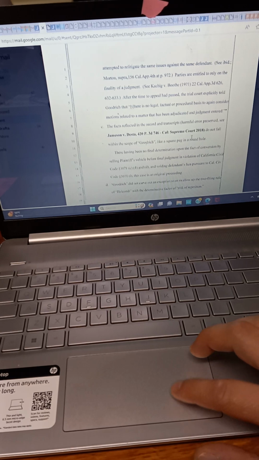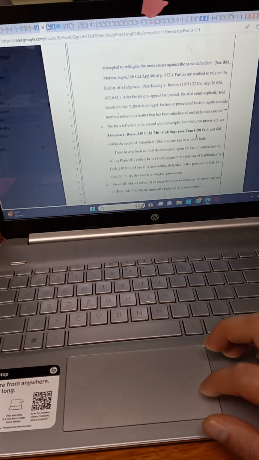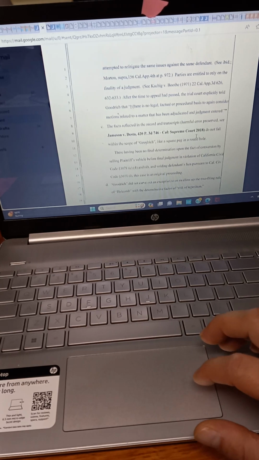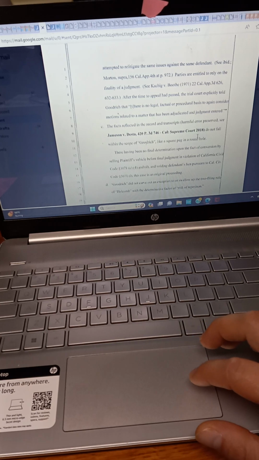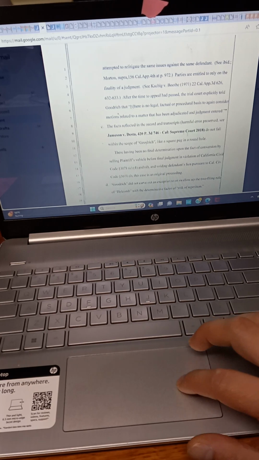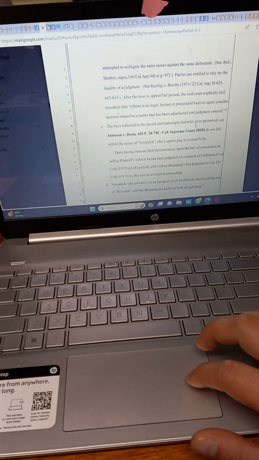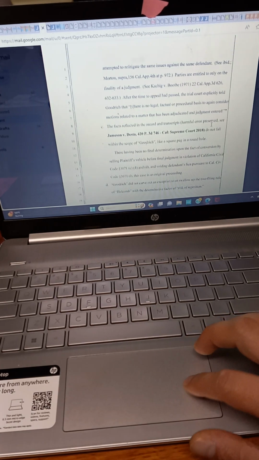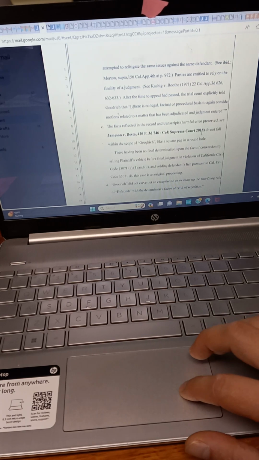Desta, California Supreme Court, 2018, because they held a trial without my court reporter. That was a harmful error. In that case, that kind of procedure is called a harmful error, and is ruled against the other party in the court.